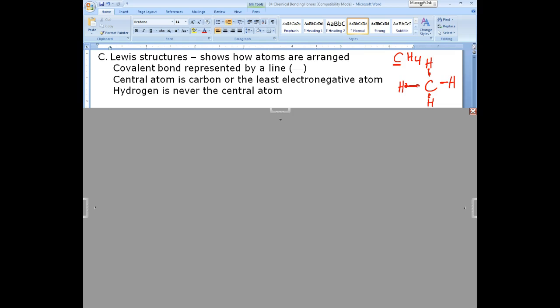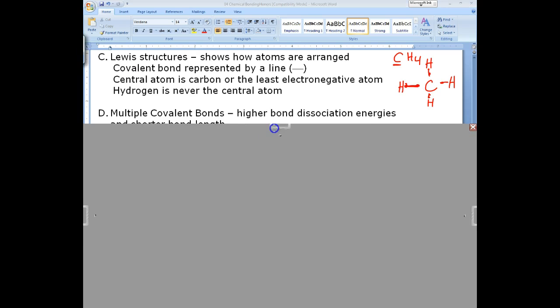Now we're going to talk about how sometimes, just by making single bonds, they cannot get to a state where everyone has access to 8 electrons. They end up having to share more than a single pair of electrons. So we're going to talk about multiple covalent bonds. So these would be double and triple bonds.